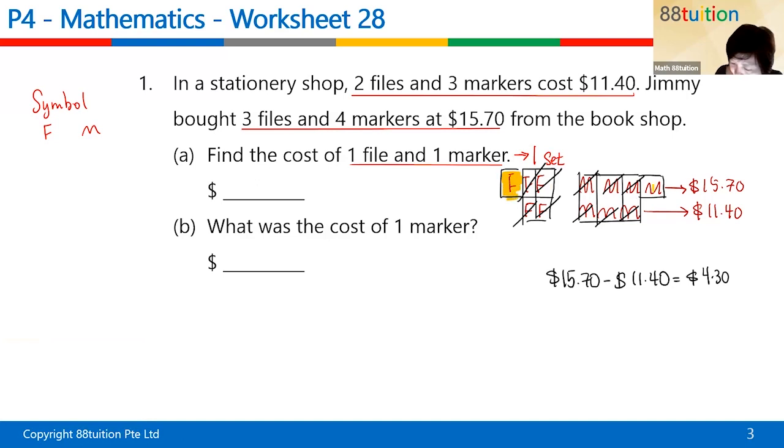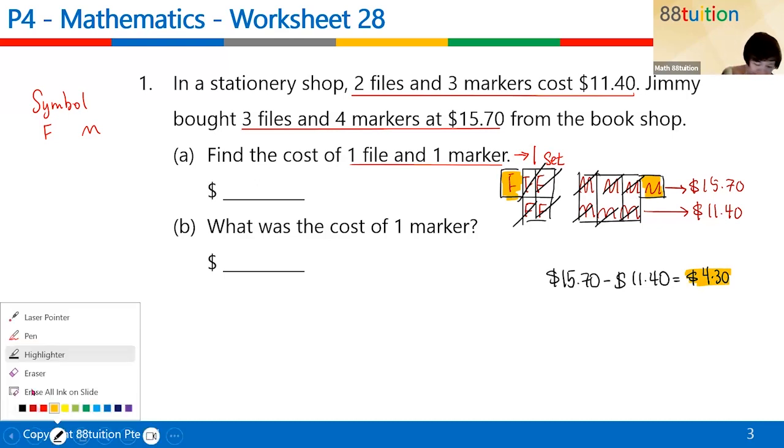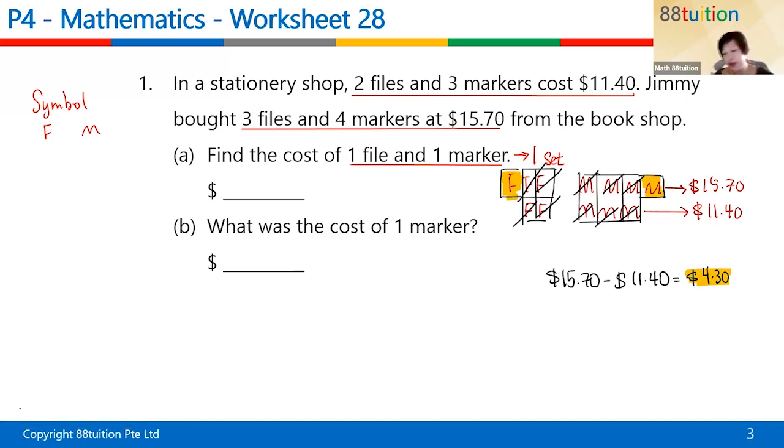I left with 1F and 1M, and this is for 1F and 1M. Can you see that? Okay. So this one is for 1F plus 1M. Oh, I put that F plus M enough. Then that will be clearer. Okay. Then that answers this question, $4.30.